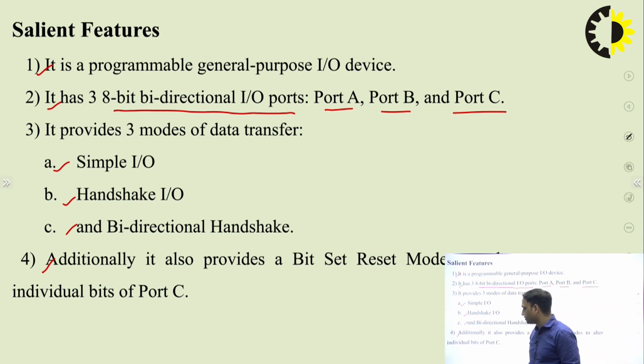The key points of this 8255: as we are aware, in the center we have the IC, on the left hand side we have the microprocessor, and the right hand side is defined by the functionality of the IC.